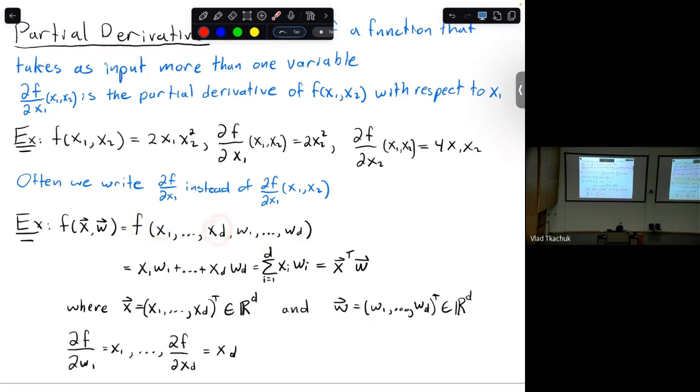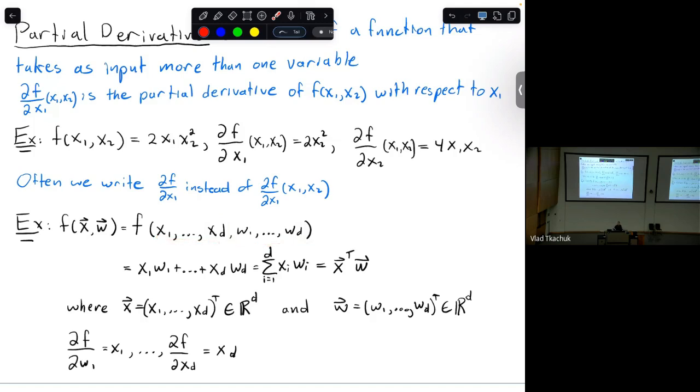You're going to see this throughout the course. I think I mentioned that this dot, dot, dot just means fill in with all the obvious indexes in the middle. This is very commonly used in math everywhere, and it's actually quite formal. So you write x1 to xd, w1 to wd. This is a function of 2 times d variables. And it's totally fine to write something like this, a function of the x vector and the w vector, which are made up of these.